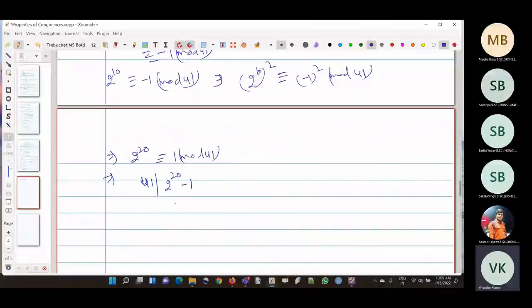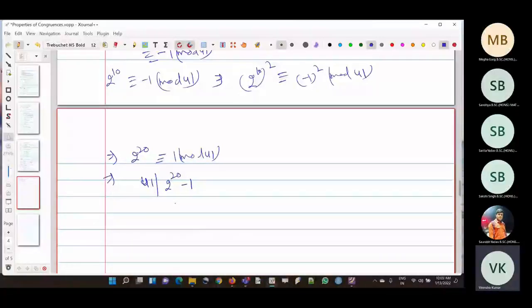If 41 is dividing 2 to the power 20 minus 1, there is no remainder. Fine. Any doubt in this as of now? No, sir. Okay, so the remainder is 0 in this case.